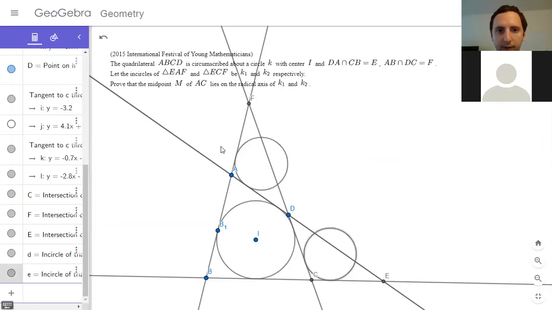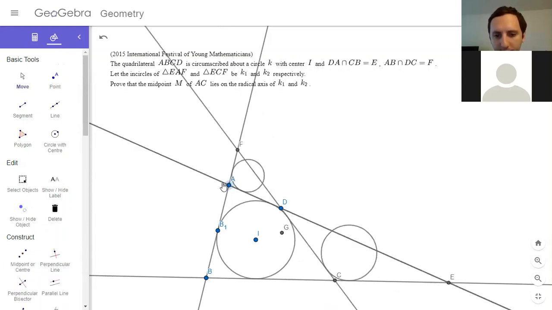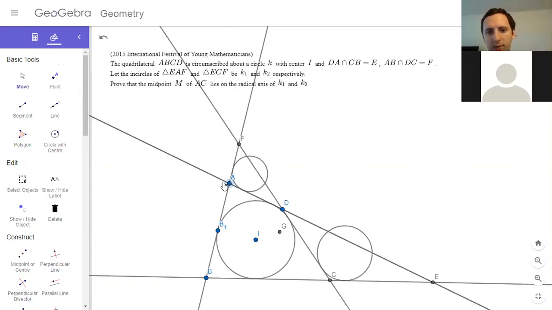I think it should be FAD, the midpoint of AC. We want to show lies on the radical axis. All right, I don't think we're going to solve this in time, but it's interesting. Are those circles the same size? E.